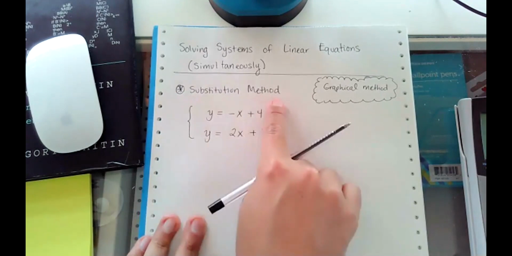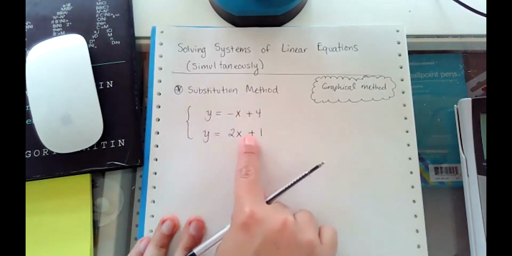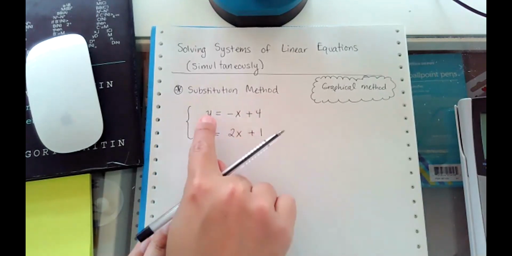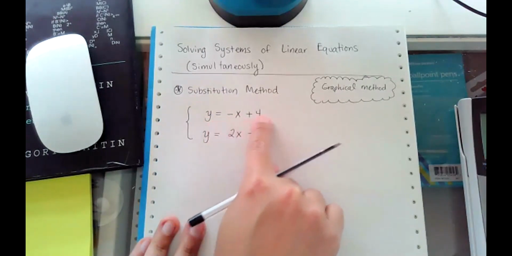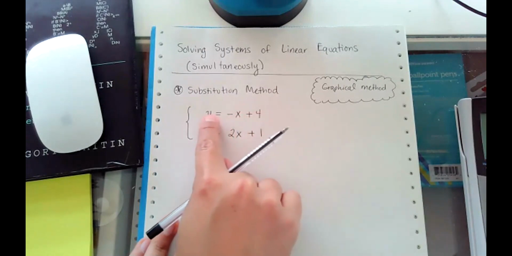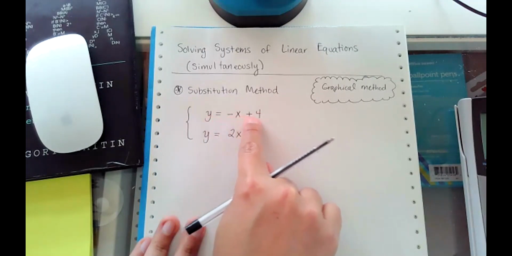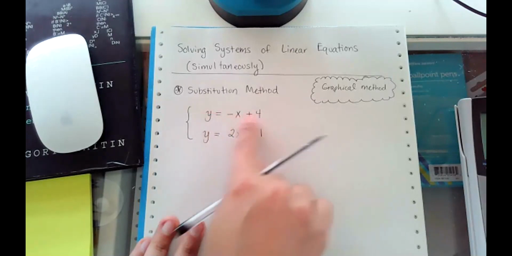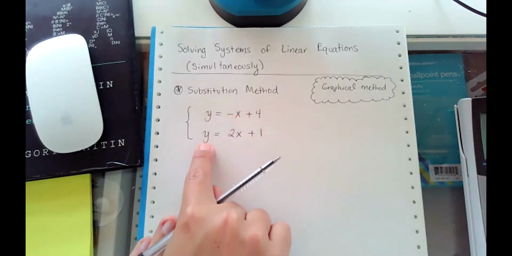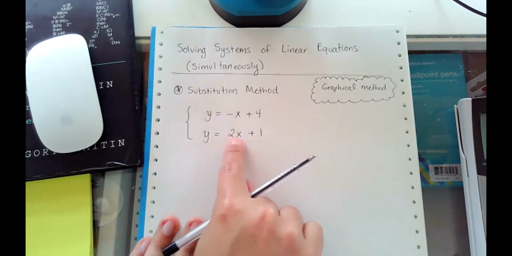So the method of substitution says, if we want to solve these two equations, the first statement is saying y needs to be equal to this expression, right? y is equal to negative x plus 4. But if I want to solve this other equation, the expression says that y needs to be equal to 2x plus 1.